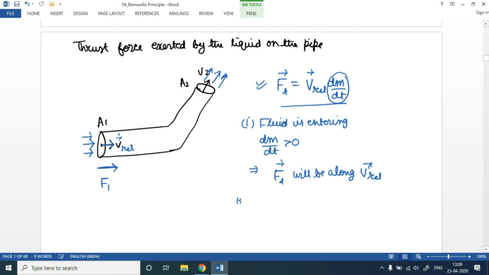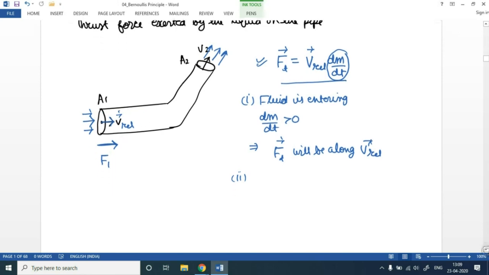And the second case you can look at is if fluid is exiting. So obviously dm by dt is going to be negative over here. Looking at that expression, v relative multiplied by a negative quantity is equal to the thrust force, which simply suggests that the thrust force will be opposite to v relative.